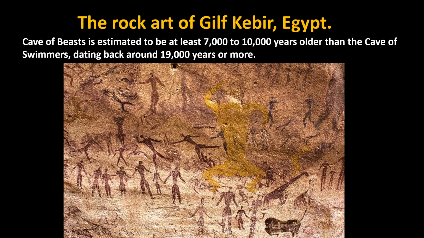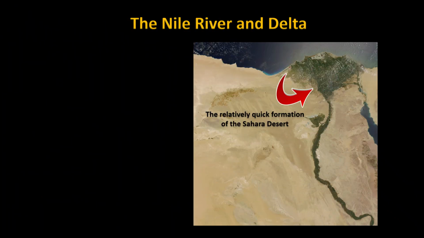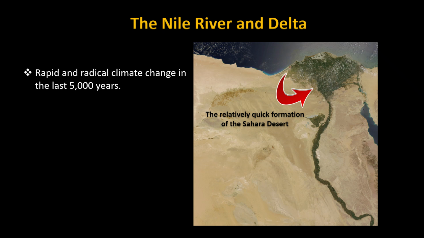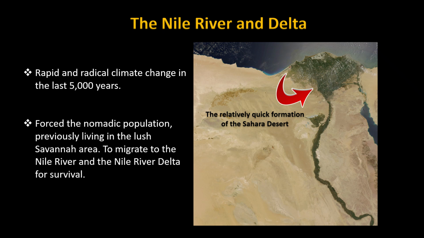As an example, let's look at the Nile River and Delta and the migration from the then drying Sahara to the Nile River region. Rapid and radical climate change in the last 5,000 years forced the nomadic population previously living in the lush savanna area to migrate to the Nile River and the Nile River Delta for survival.